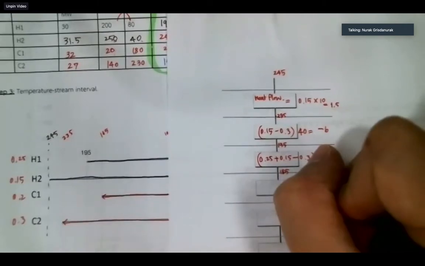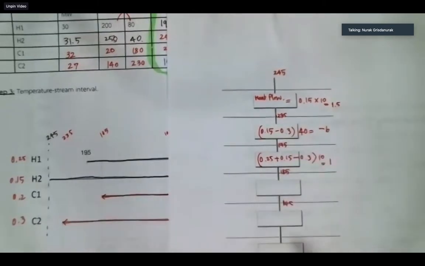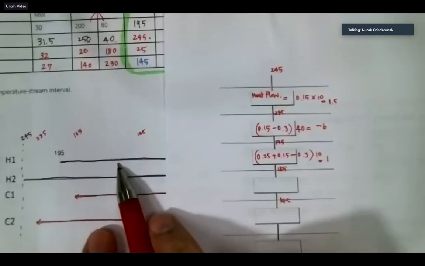Next is what? Next step, combine 4 of them, right?